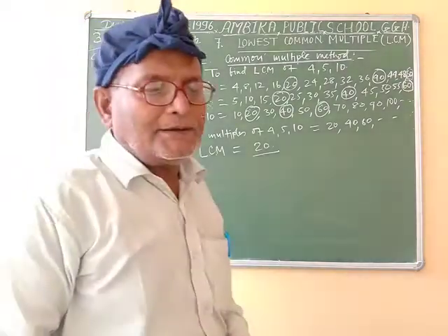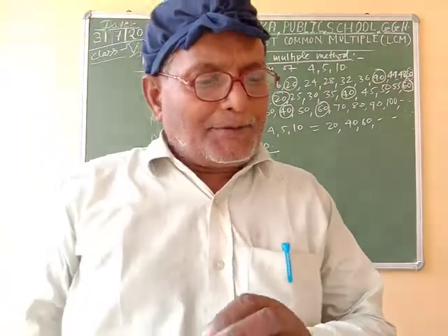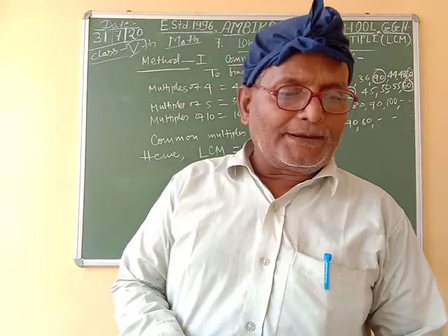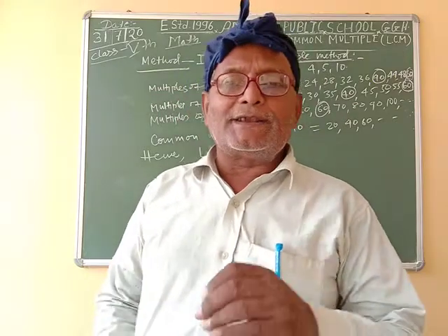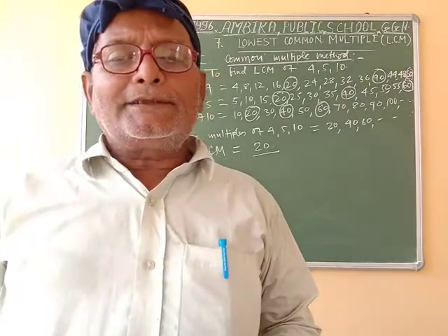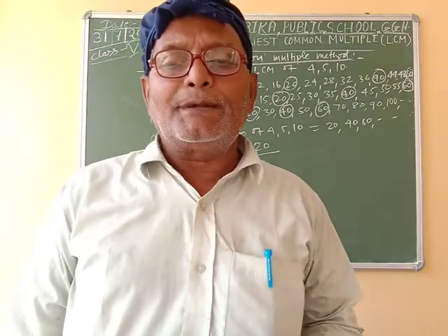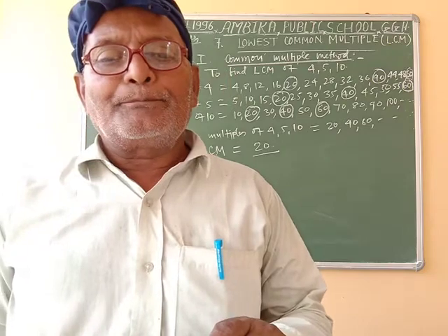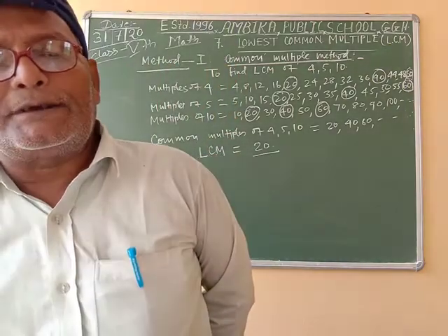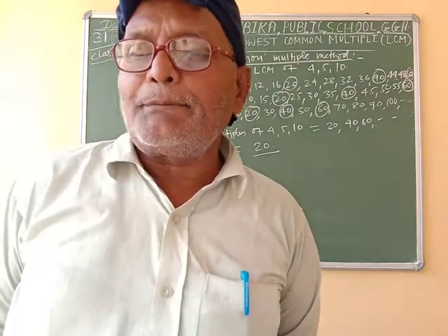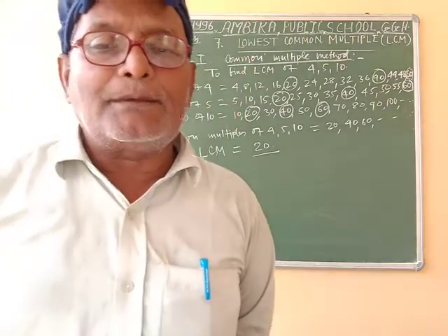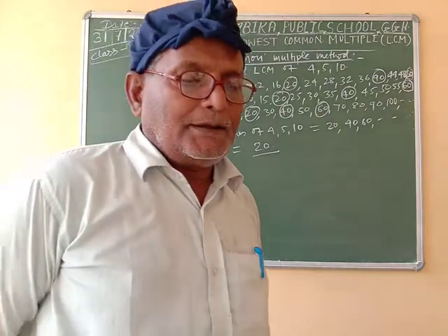And the second method is the prime factorization method. To find the LCM by the prime factorization method, first of all we write the prime factorization of the numbers, and after that the product of all the different prime factors occurring the maximum number of times in any number is called the LCM of the given numbers.